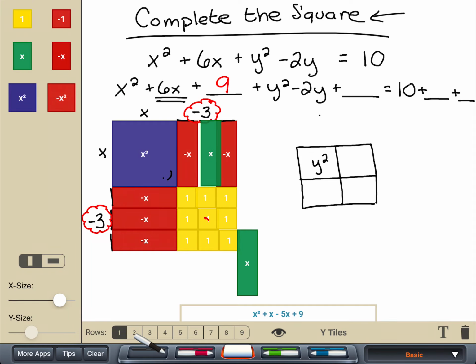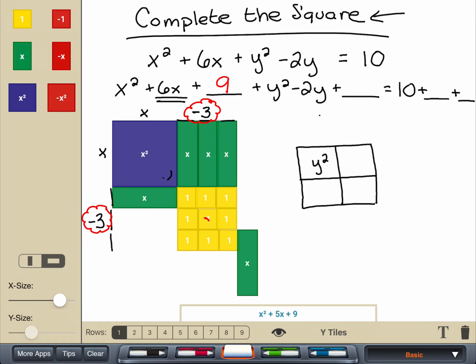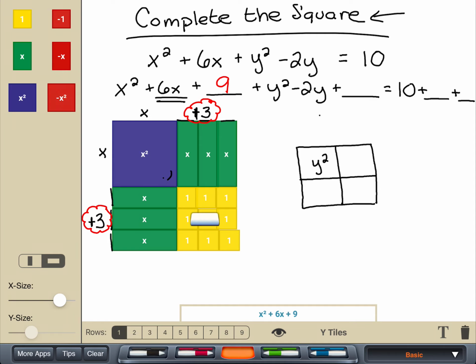This is supposed to be a positive, positive, and positive, which would make this a +3 and a +3, but still 3 times 3 is 9. Whew. Sorry about that. I was jumping ahead of myself.